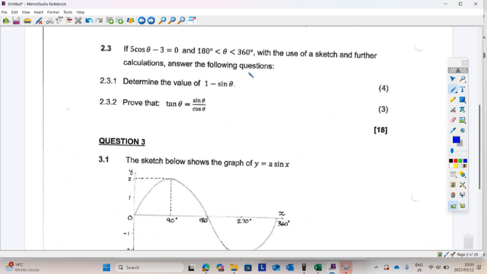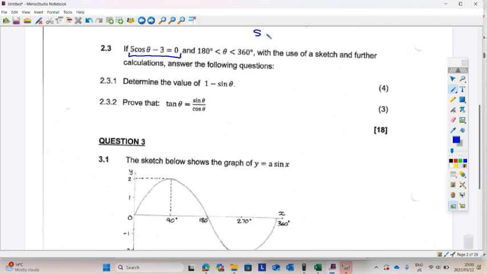So we need to draw the sketch first. Where do we draw the sketch? Let's first rearrange this. Make cos theta the subject of the expression. Take your 3 to the other side and then divide by 5.